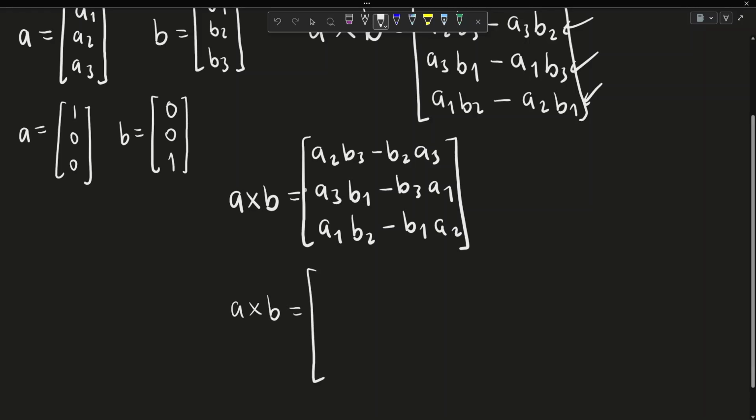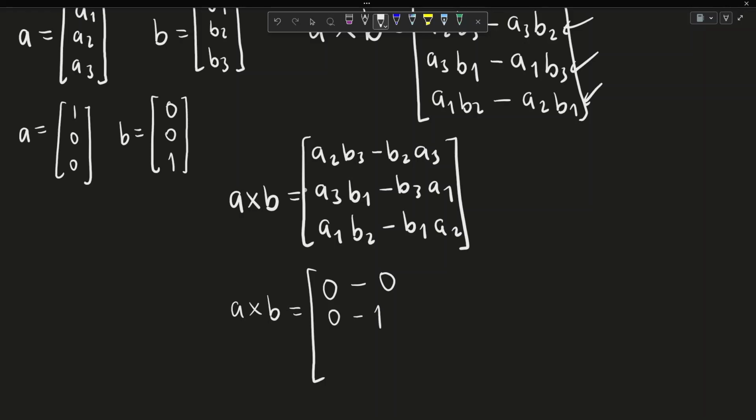A cross B is equal to A2 times B3, which is 0, minus B2 times A3, which is 0. The second entry, A3 times B1, which is 0, and B3 times A1, which is 1, so you'll get 0 minus 1.